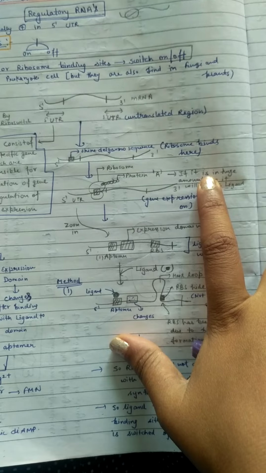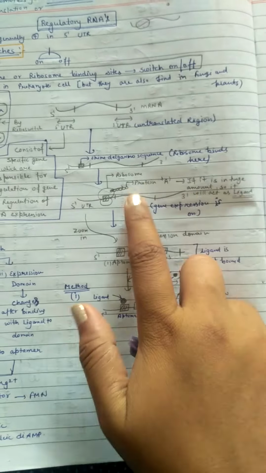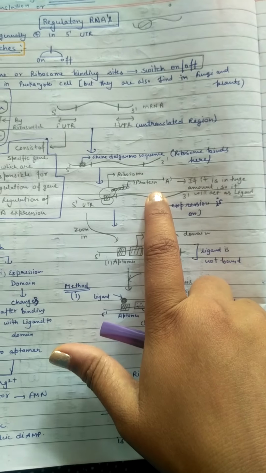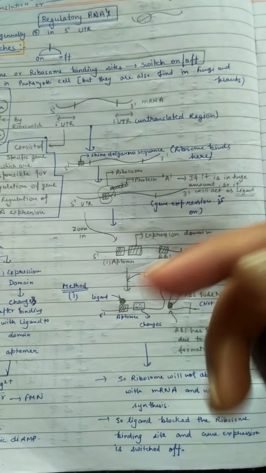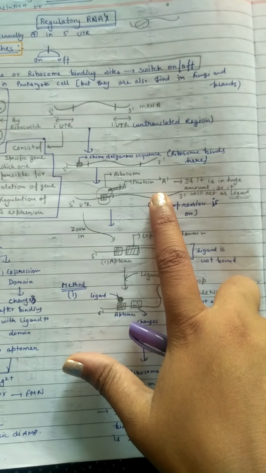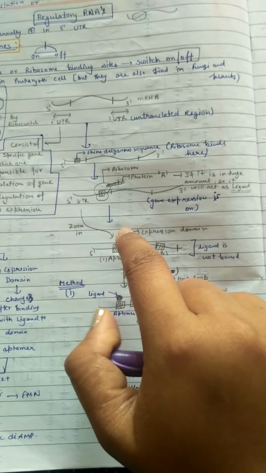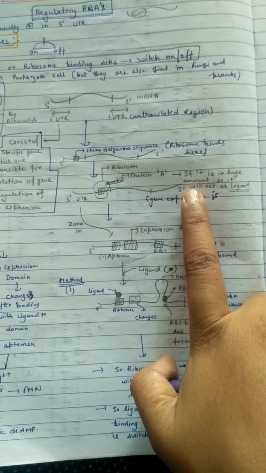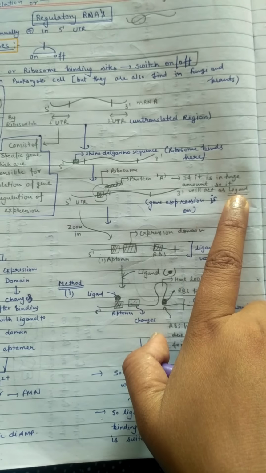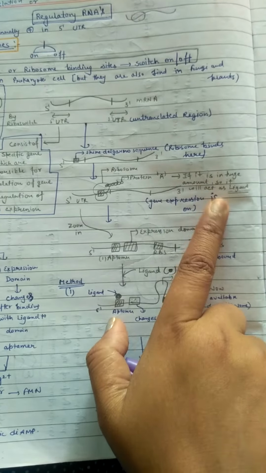If it is in a huge amount, there is a feedback loop. When protein A production is in very high amount, it acts as an inhibitor, which is known as a feedback mechanism. So if it is in huge amount, it will act as a ligand, or a stimulus.